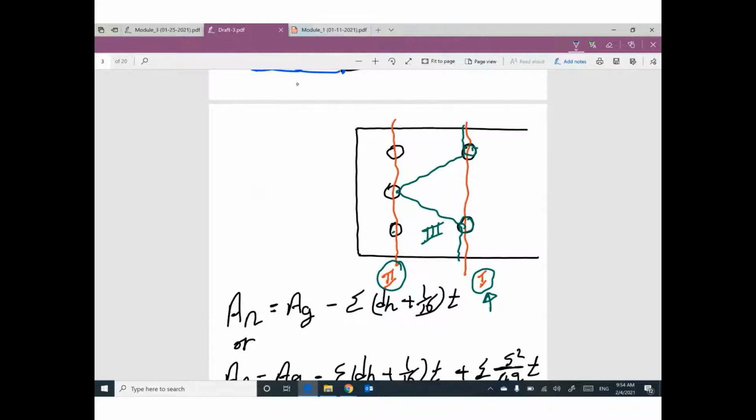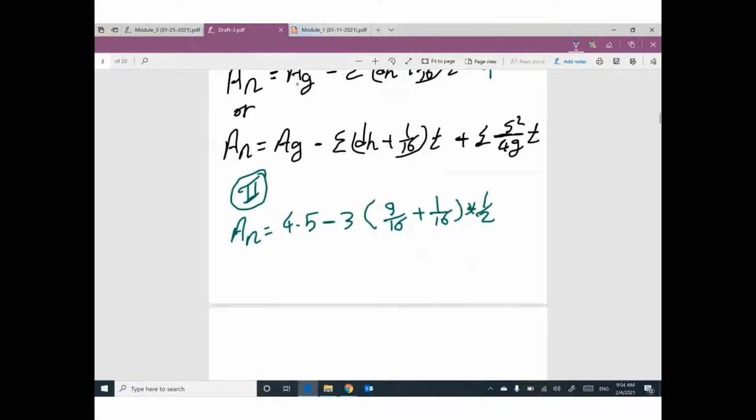If you try this one, you are going to use 3 holes. So the second one will be more critical, so I used the second one and forgot the first one. I'm looking for the section that gives me the least area net. So 9/16 plus 1/16 is 10/16 times 1/2 times 3, subtracted from 4.5. This one will be 3.56 inches square.